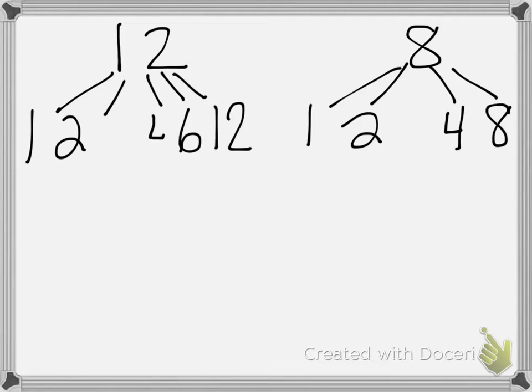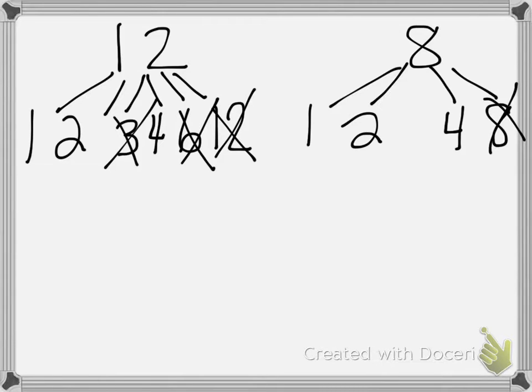And we know that 4 goes into 12 with the 3. 12, 6, and 3 do not go into 8, so they are not common factors. And 8 doesn't go into 12, so that's not a common factor. So we're left with 1, 2, or 4. Pick the biggest one, and 4 is your greatest common factor.